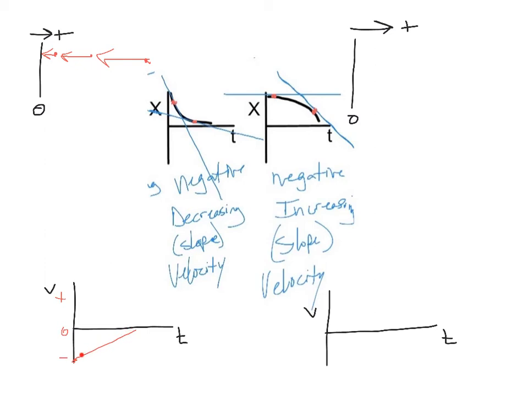Now, I want you to look at that slope. What kind of slope is that? Positive. Again, I don't care where the line is. I want to know what the slope is. That's a positive slope. Well, what does that have to do with anything? Well, remember, the slope of this graph tells us acceleration.